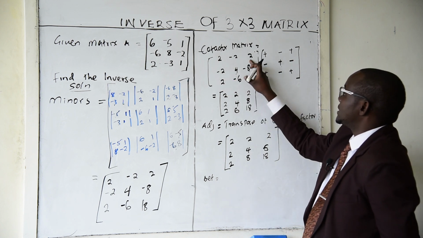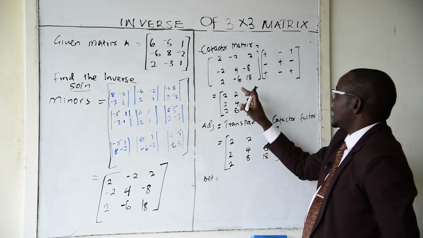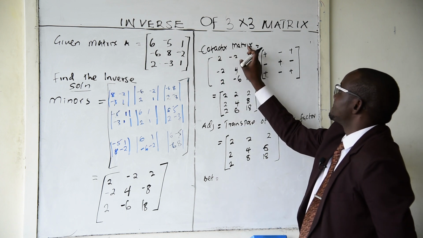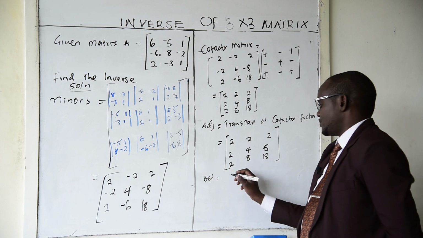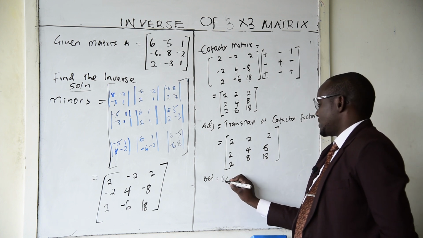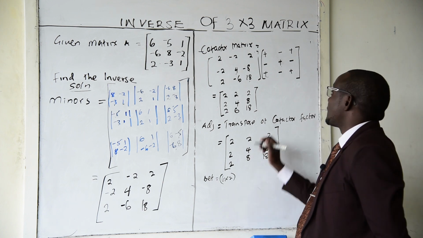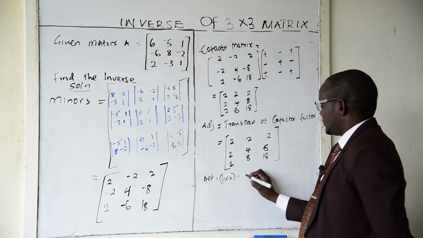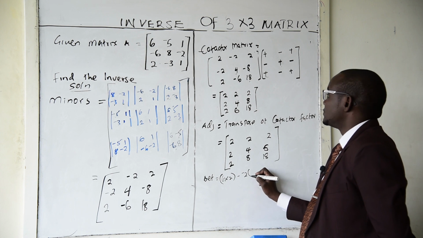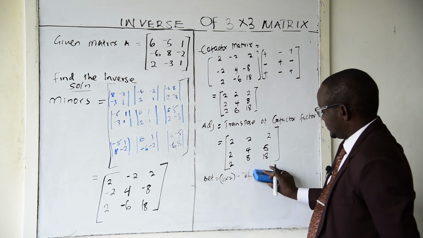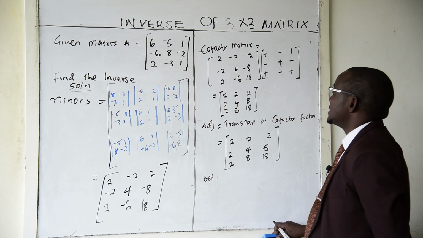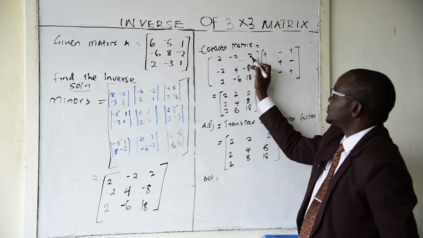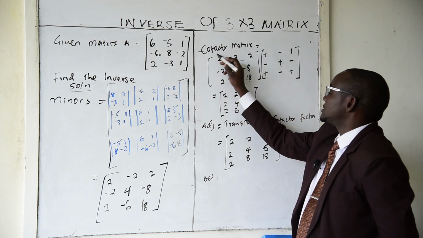I can pick the first row. So we have a 6. Sorry. To get the determinant in a shorter way, we can pick any row of the cofactor matrix.